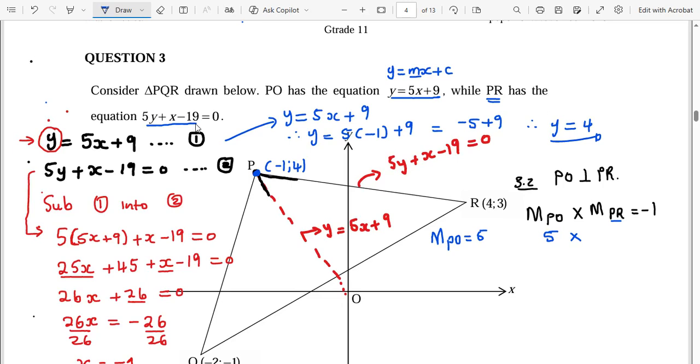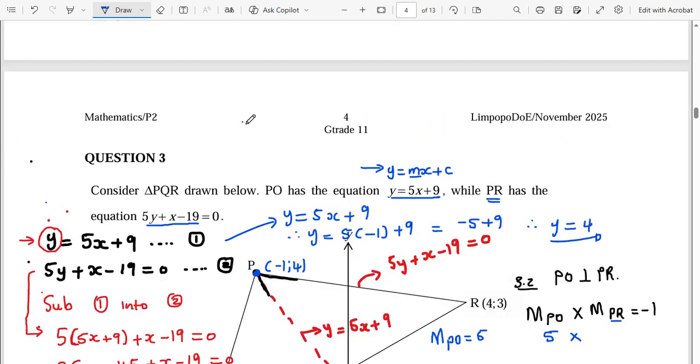Ladies and gents, this equation is not in the correct standard form. We need to put it in the correct standard form, then we'll know what the gradient is. So we need to solve for y. The equation is given as 5y plus x minus 19 equals 0.